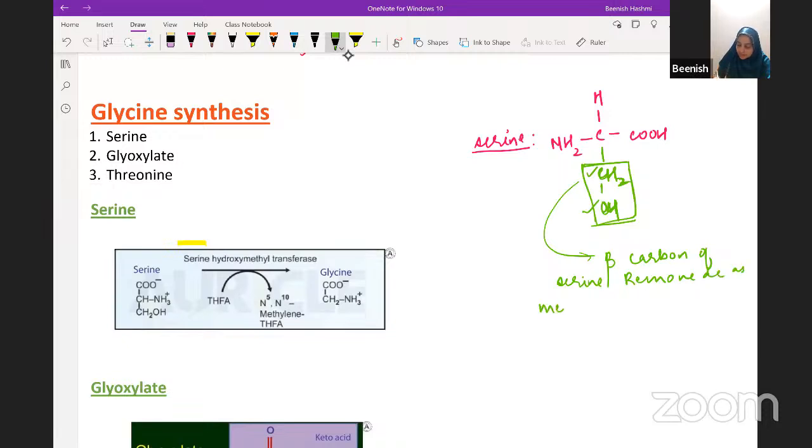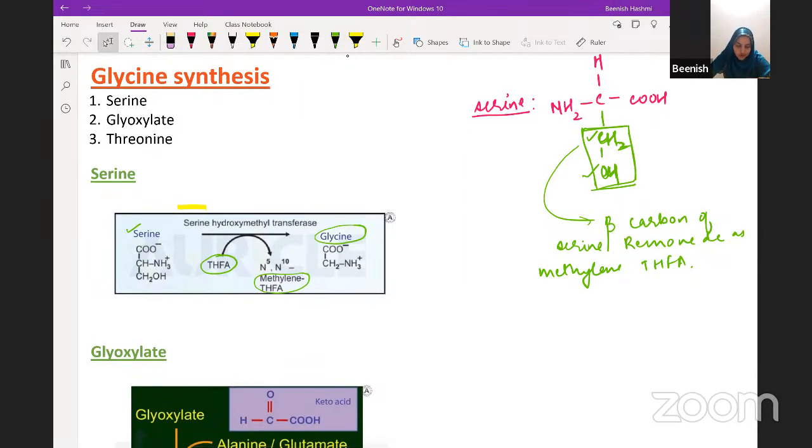So let's see. This is your serine. It is acted upon by the enzyme serine hydroxymethyl transferase, and tetrahydrofolic acid is also needed. Your beta carbon is given to this tetrahydrofolic acid to form methylene tetrahydrofolic acid, and what is formed from serine now? Glycine has been formed.